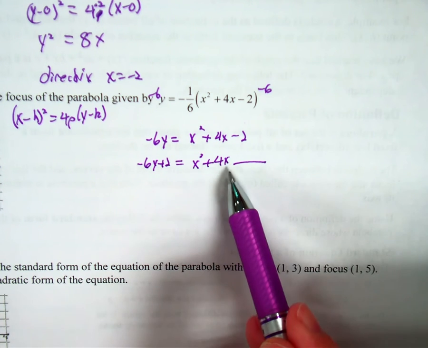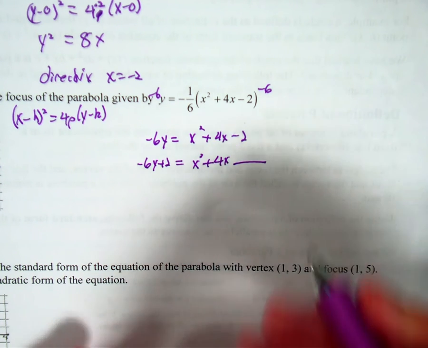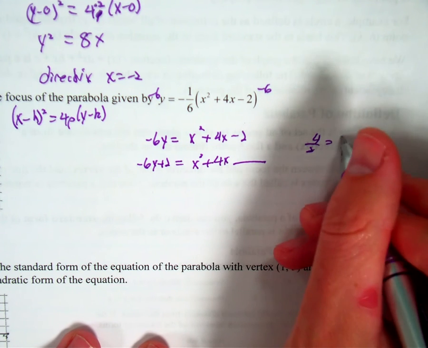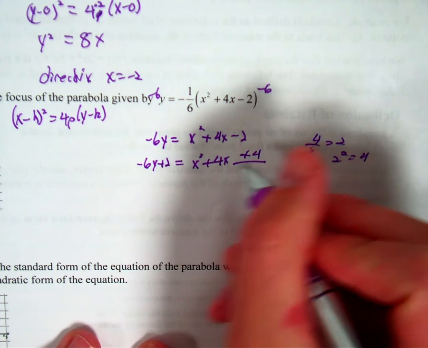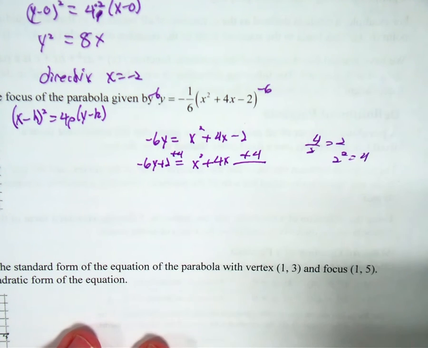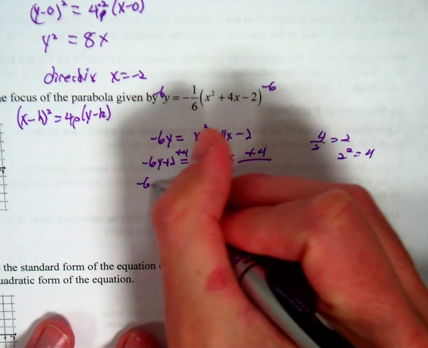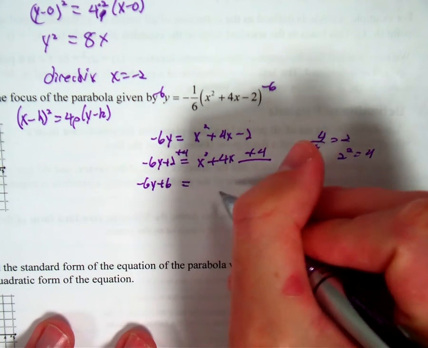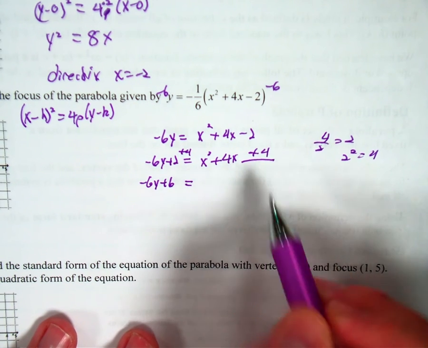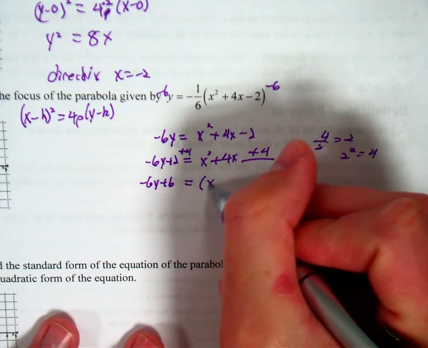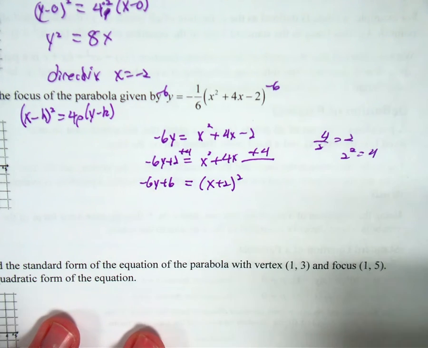And then maybe now we thought about it. Half of 4 is 2. And 2 squared is 4. So we want to add 4 there. So we have to add 4 there. And the whole point of doing that was so we could complete the square. X squared plus 4x plus 4 is x plus 2 squared.